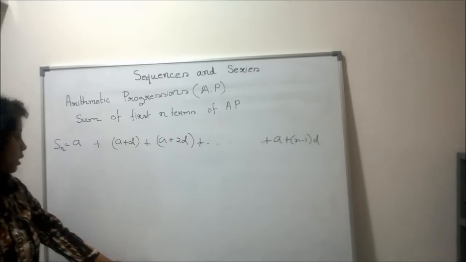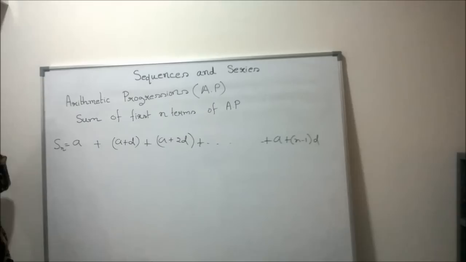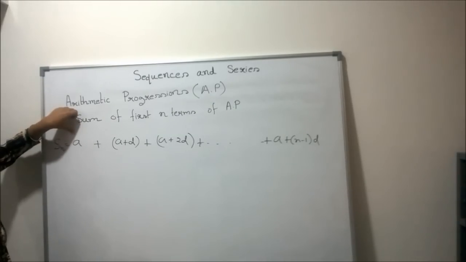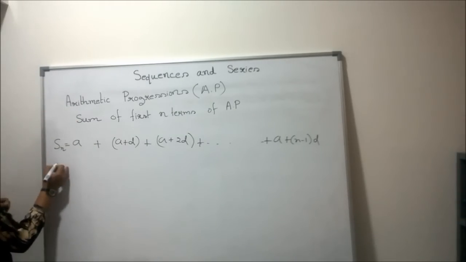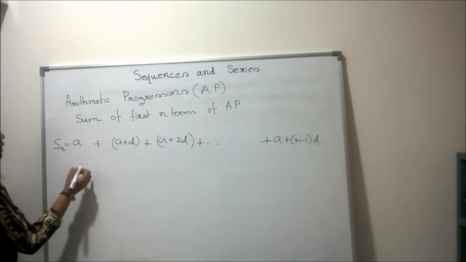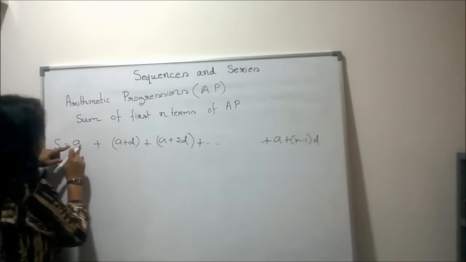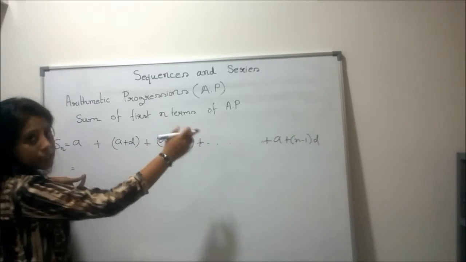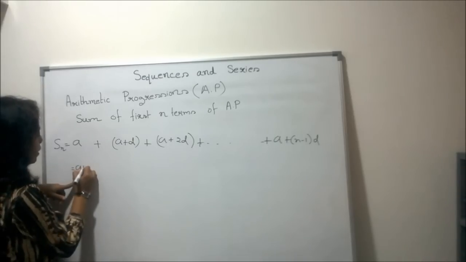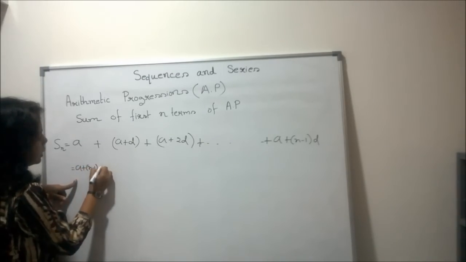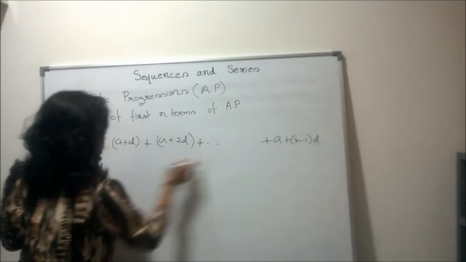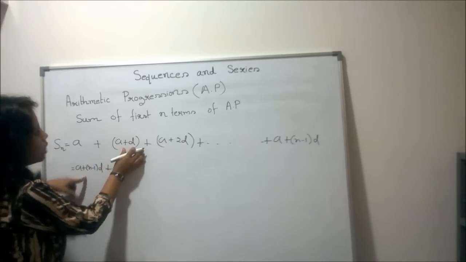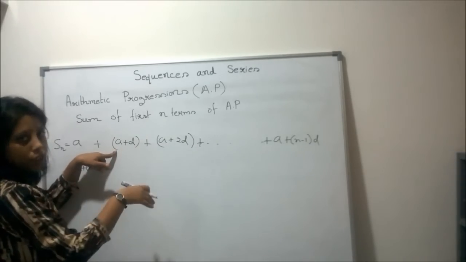Okay. Now we are writing the same thing in reverse order. In place of the first term we write the last one, so here is a plus n minus 1 d. Just we write the last term. Here we write the term before the last term.